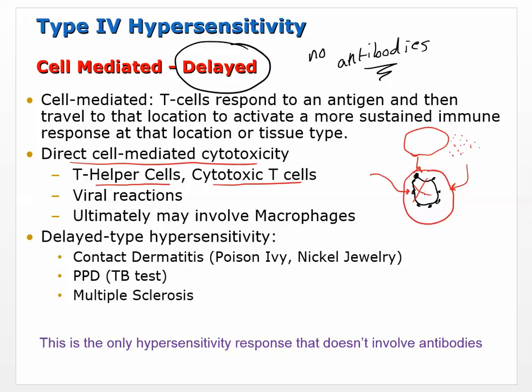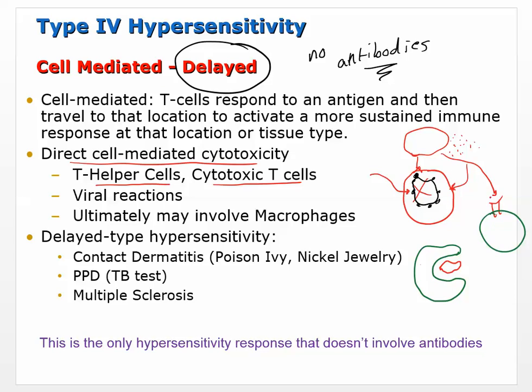So what if it's just a dying cell, and then macrophages? So here you have a dying cell for whatever reason, and then the macrophage comes in and phagocytoses it, and then chops it up and presents that antigen on the MHC to the T cell. Normally the T cell would say, yeah, that's one of ours, we don't care.